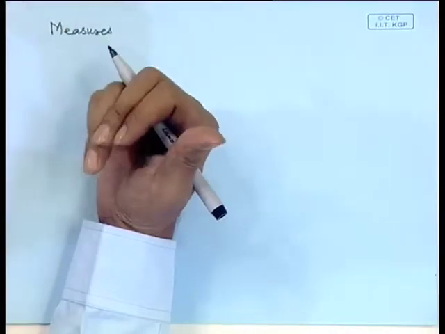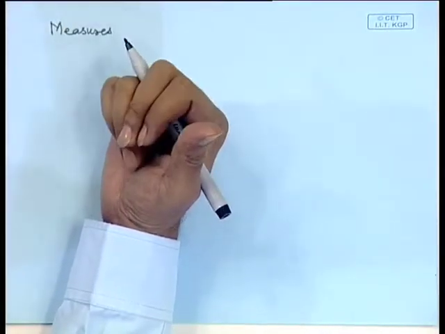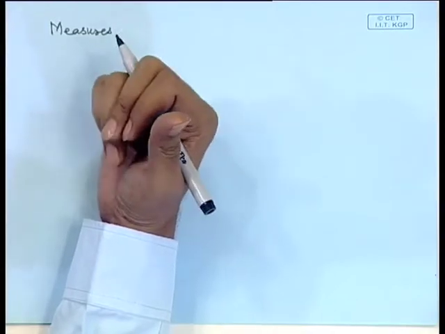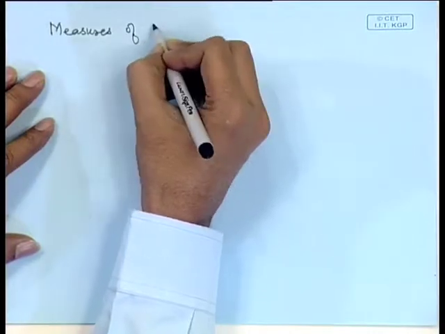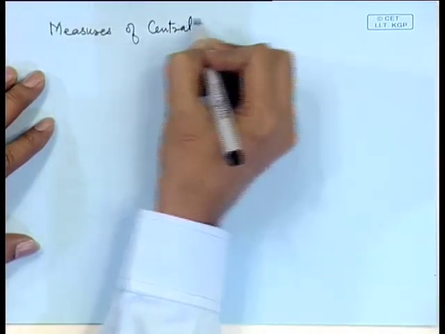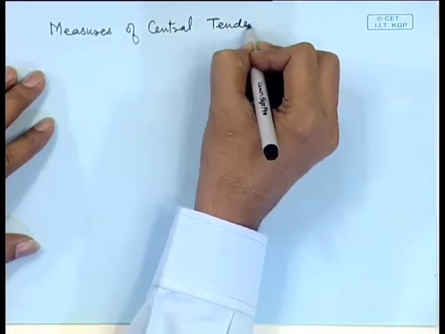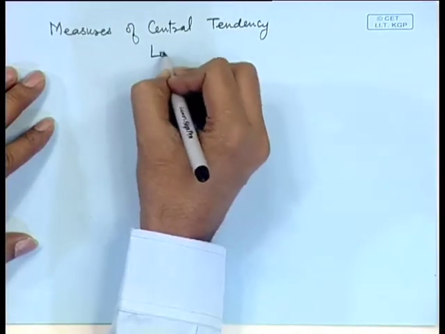That means, from the given frequency distribution, we calculate certain measures which tell us about various characteristics of the distribution. The first of these are known as measures of central tendency, or measures of location.